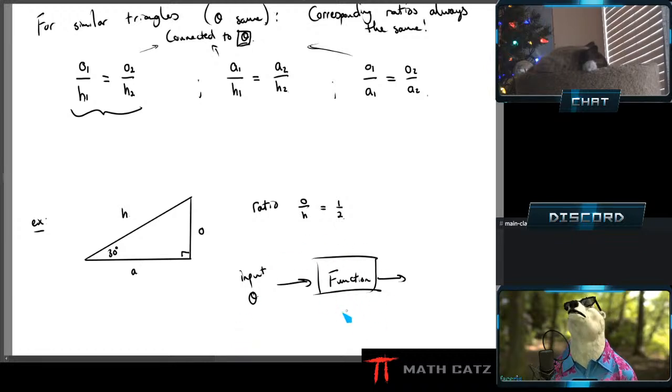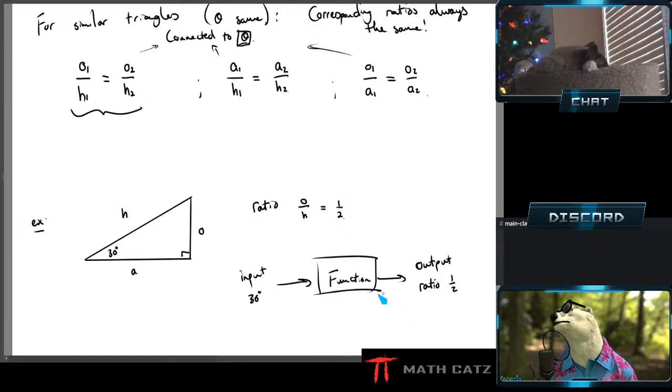It looks it up in the book, whether it's digital or not, and it gives you the output, which is the ratio. Let's say here I put in 30, make it specific. I put in 30 degrees, it gives me the ratio 1/2.